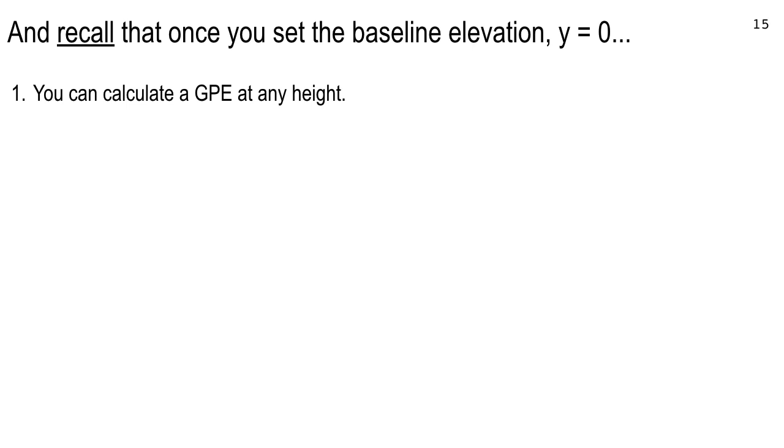Now, with that, you can calculate GPE at any height because the formula is a little bit cinchy. If you make y equals 0 at the very bottom, then all the delta y's are positive on the way up and negative on the way down. So GPE just becomes a little bit simpler notation-wise, mgy.